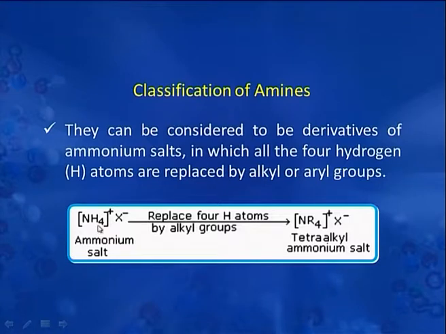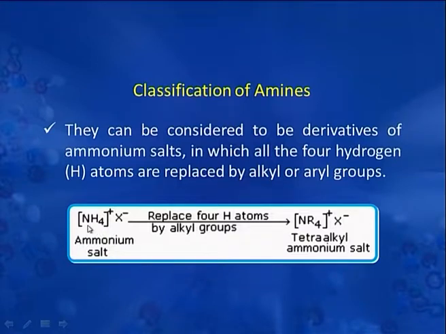Now, if all the 4 hydrogens of this ammonium ion are replaced by alkyl group, then there is formation of this salt. This is called a tetraalkylammonium salt. So, another class of compounds having nitrogen as functional group are quaternary ammonium compounds, where all the 4 hydrogens present in the ammonium salt are replaced by alkyl group.